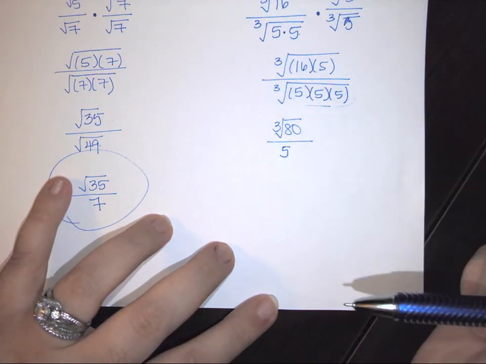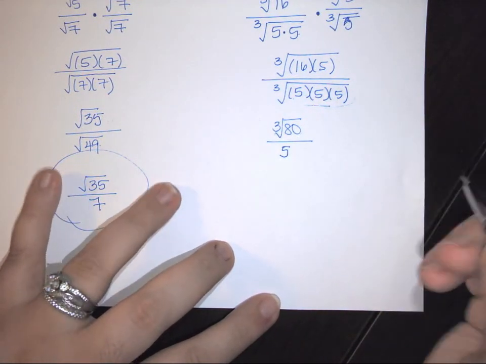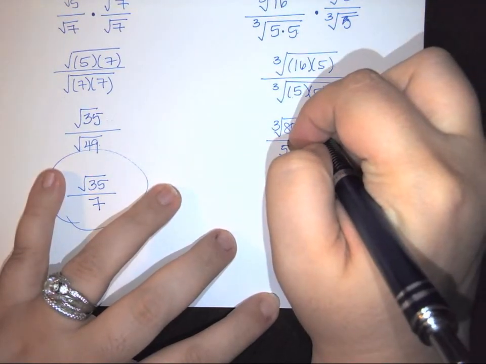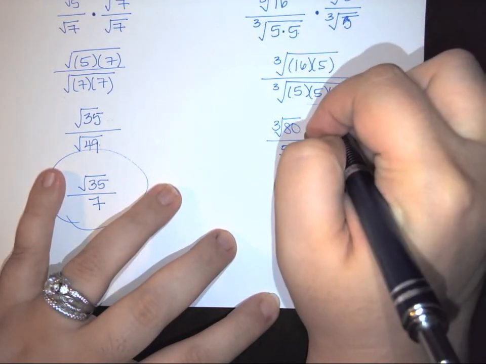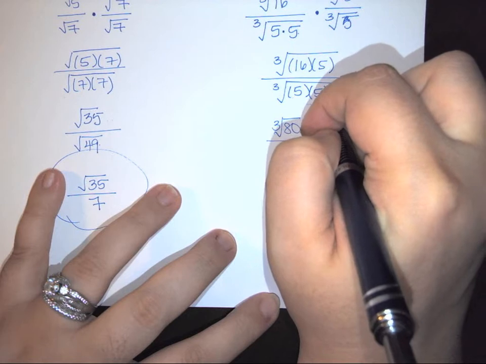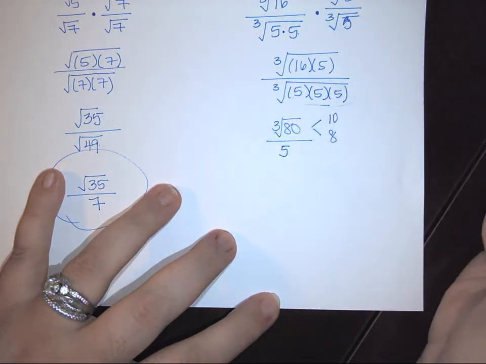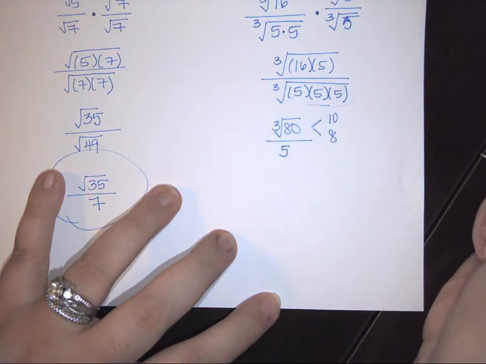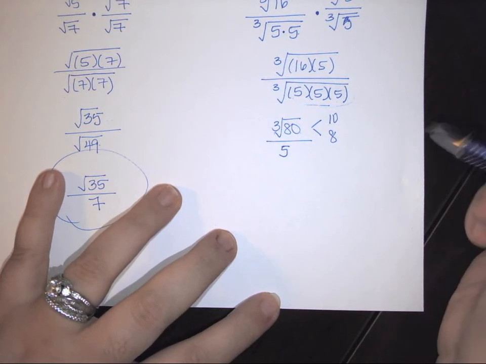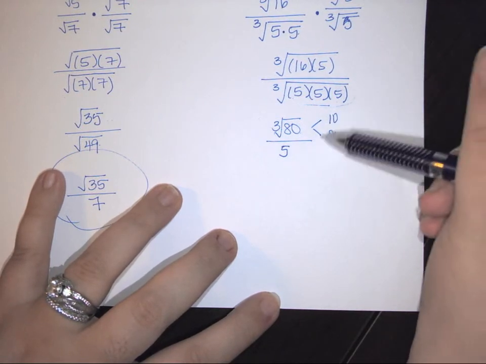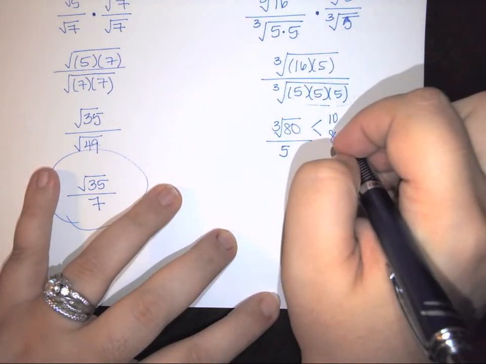Now, when I'm looking at 80, I know 80 can break down. So if I'm looking at how it can break down, I'm looking at 80 breaking into, say for example, 10 times 8. And in this case, 8 is a perfect cube.